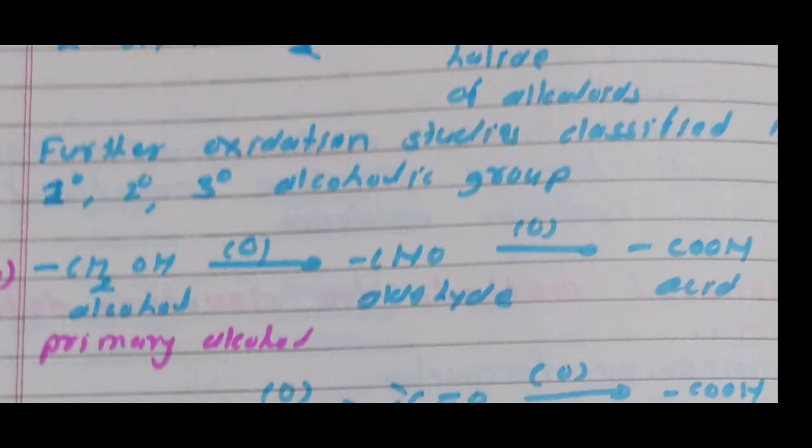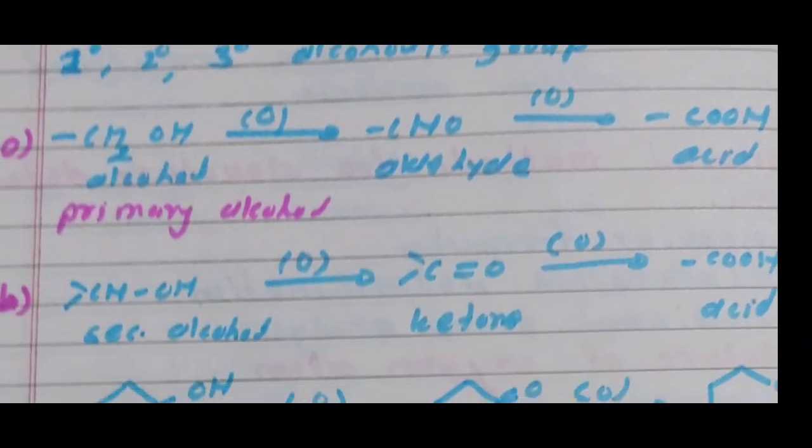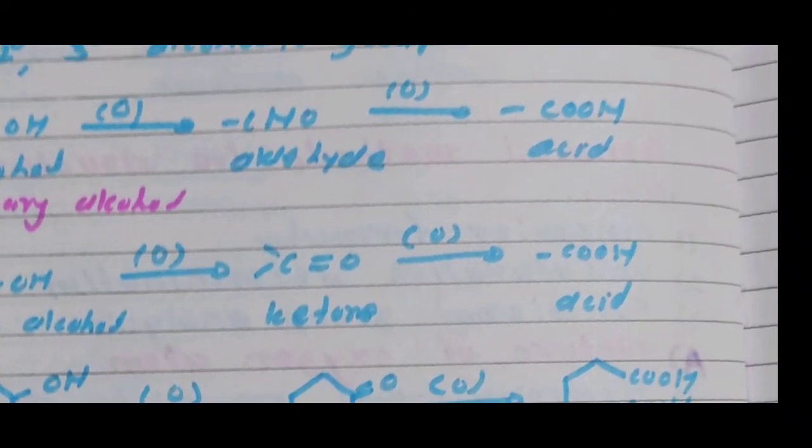This is the primary alcoholic group. If secondary alcoholic group is present, then secondary alcohol on oxidation gives a ketone having same number of carbon atoms, then an acid containing less number of carbon atoms. Therefore secondary alcohol CHOH, oxidation, formation of a ketone, and ketone on further oxidation, formation of an acid.